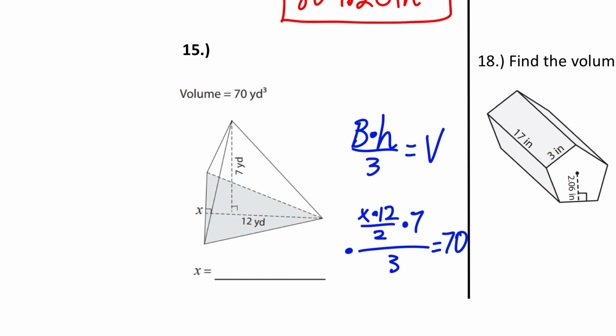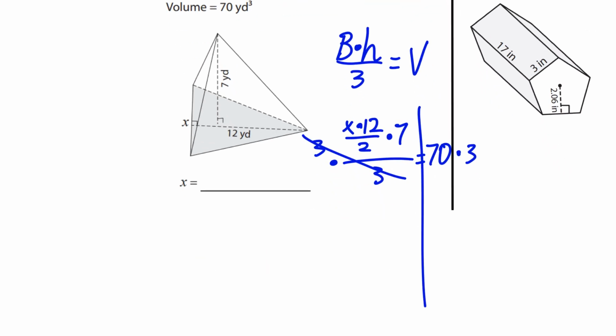I mean, we could do this a whole bunch of ways. Let's do it like this, I guess. Let's multiply both sides by 3 to cancel that out. X times 12 divided by 2 times 7 equals 210. And then let's go ahead and do this. What is 12 divided by 2?